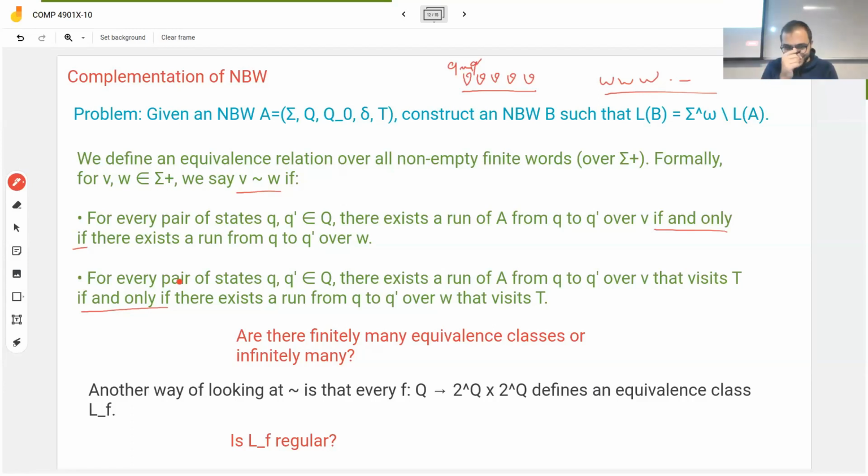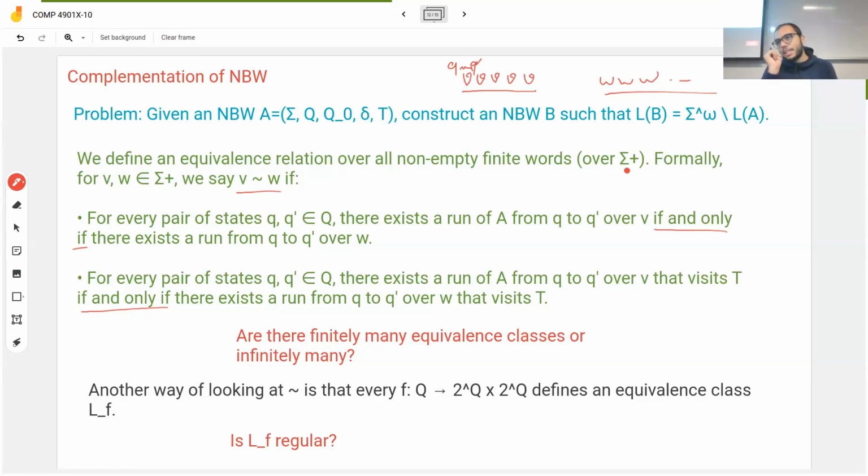The answer is actually on the slide. Oh, is it because we have only a finite number of letters in the alphabet, sigma? Well, the alphabet is finite, but you see these are not letters of the alphabet, right? So v and w are finite words themselves. So they're members of sigma plus.